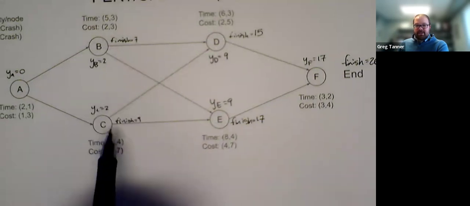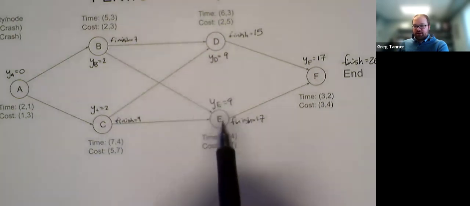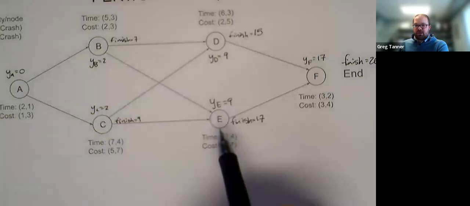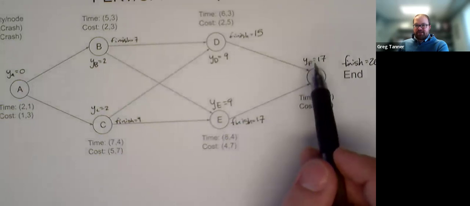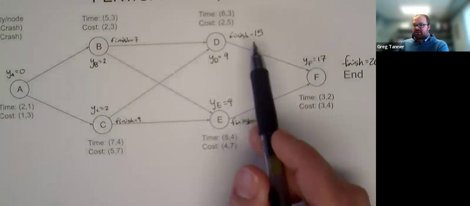On the other hand, C finishes at 9, and both of the activities that depend on it start at 9. And so C is on the critical path. Similarly, looking at F, F starts at 17, E finishes at 17, but D finishes at 15.